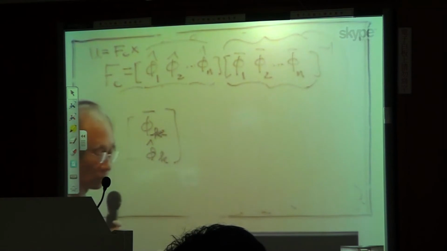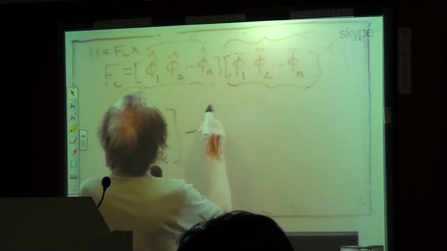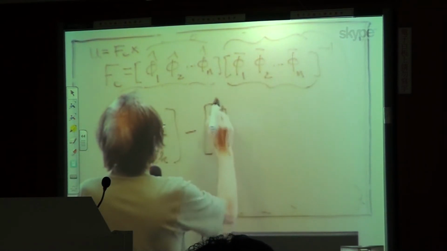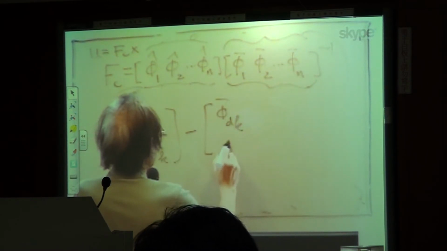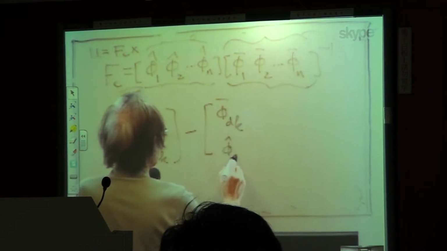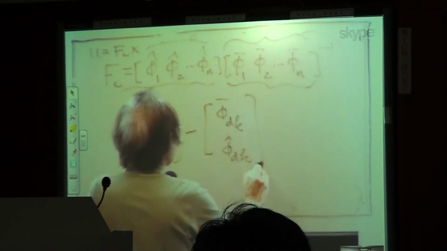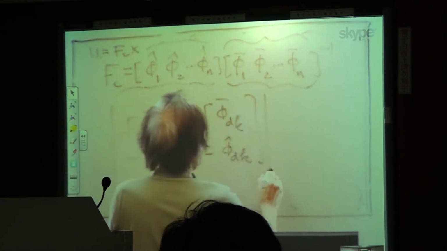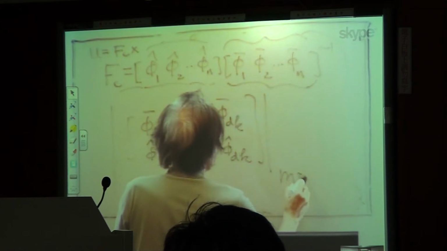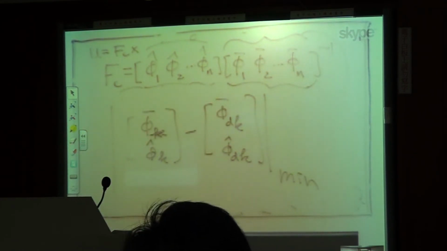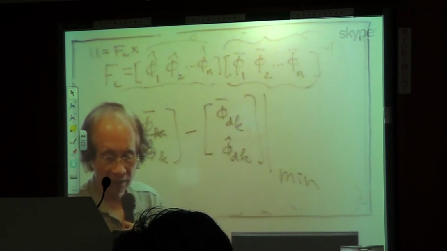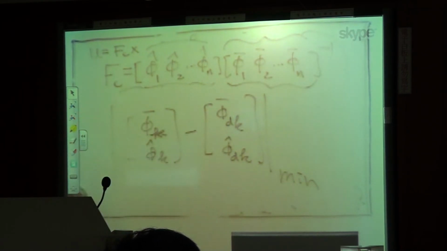If I solve this way, that means minus dk, hat dk, the norm of that is minimum. That means it is as close as possible if I solve the ck this way, the one I just showed you on page 16.